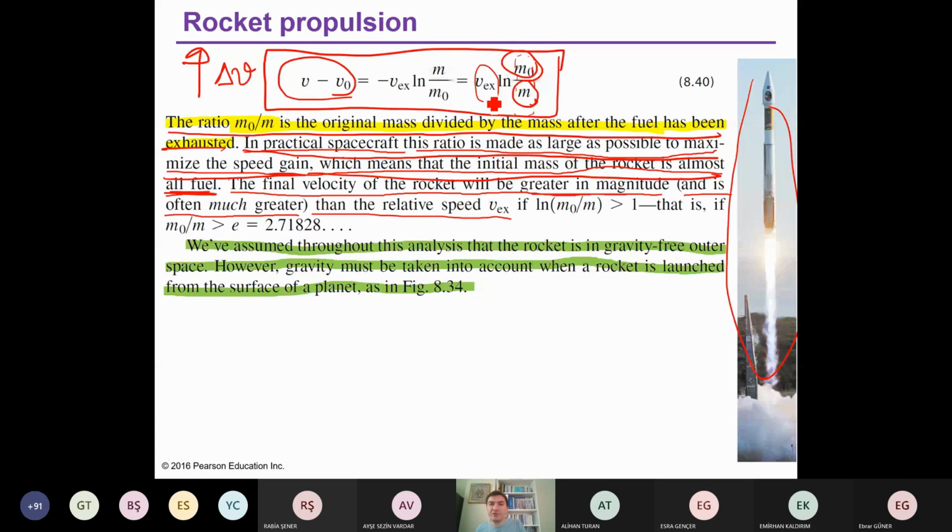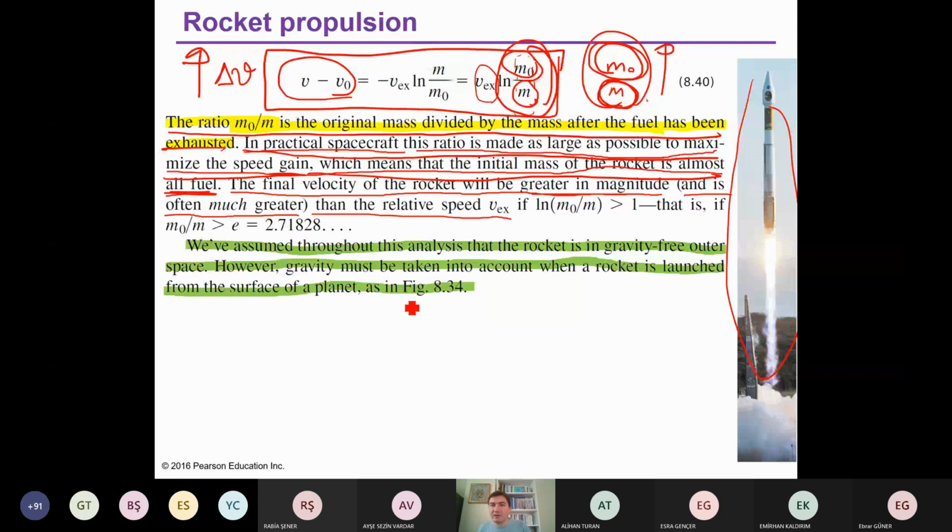This must be huge, okay? What is the meaning of this? This is the initial mass of the rocket, and this is the final mass of the rocket, okay? So if the initial mass of the rocket is almost all fuel, then you can reach very high speeds.